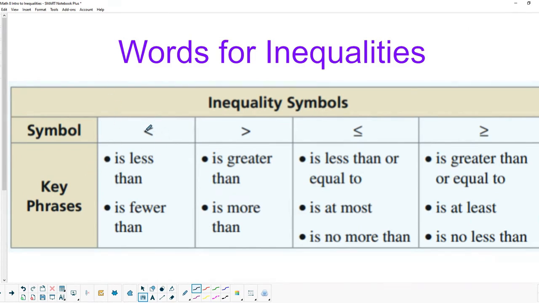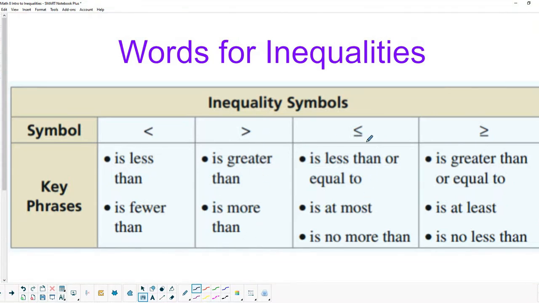If you see this symbol with an arrow pointing to the left, that usually means the number on the left is less than the number on the right, or is fewer than. When the inequality symbol is pointing to the right, this means that the number on the left side, like over here, is greater than whatever happens to be on the right side, or is more than it.